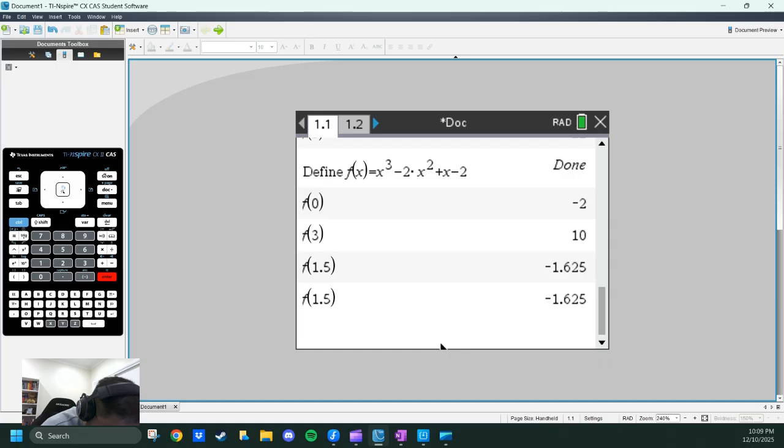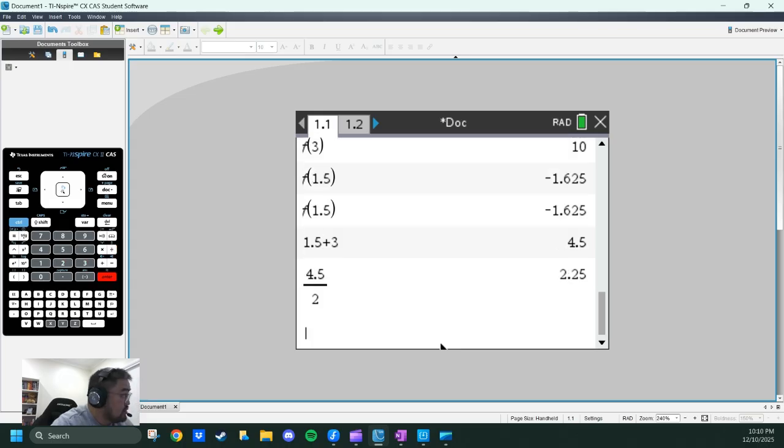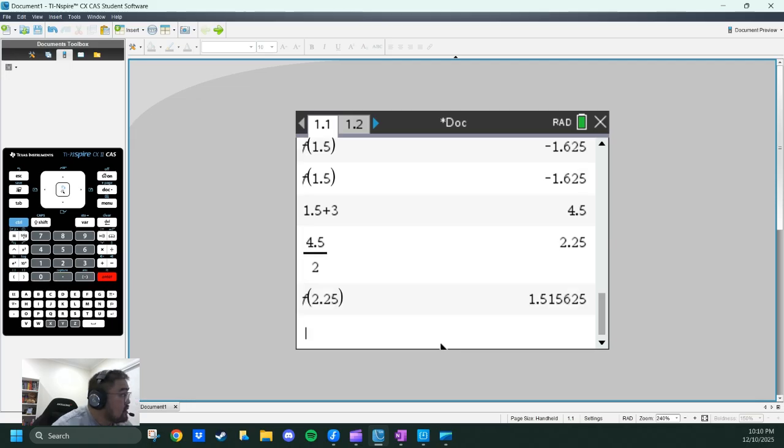We get negative 1.625, and f of 3 was, then 1.5 plus 3 divided by 2 gives us 2.25. So f of 2.25 is 1.516.